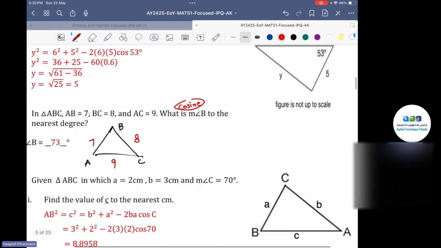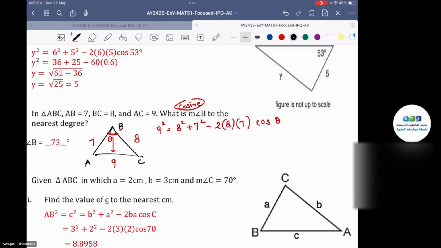What we need to find is angle B. So this is my target side. So you will do 9 squared equals 8 squared plus 7 squared minus 2 times 8 times 7 cosine theta.